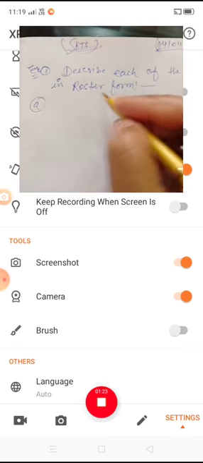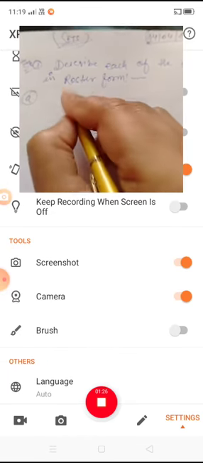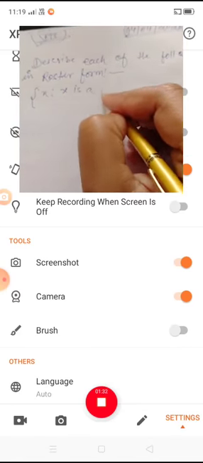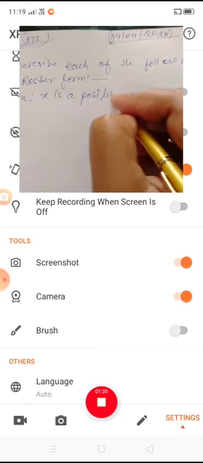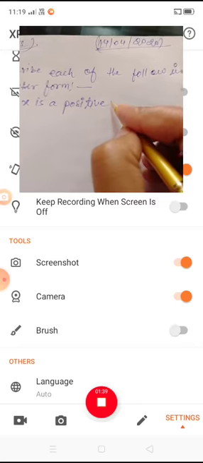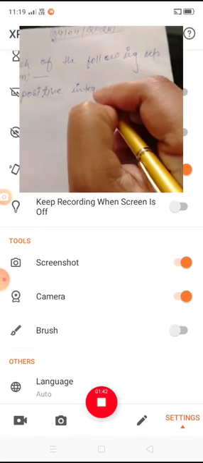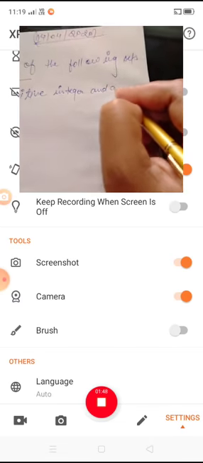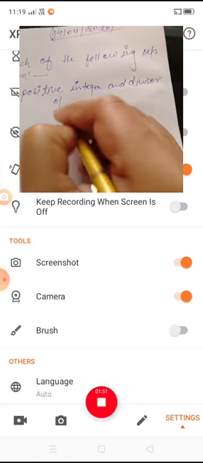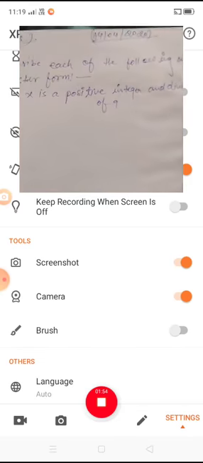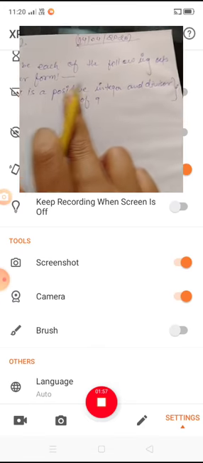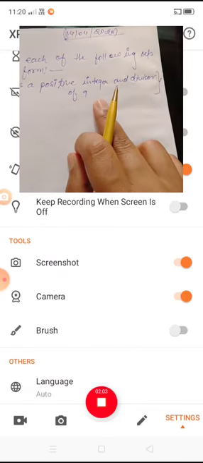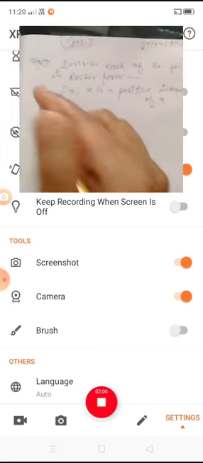The first one is {x such that x is a positive integer and divisor of 9}.